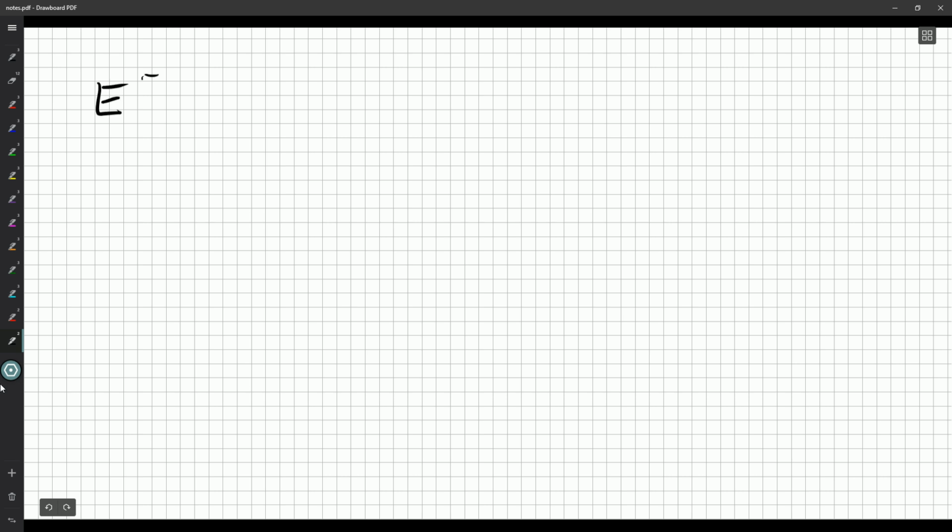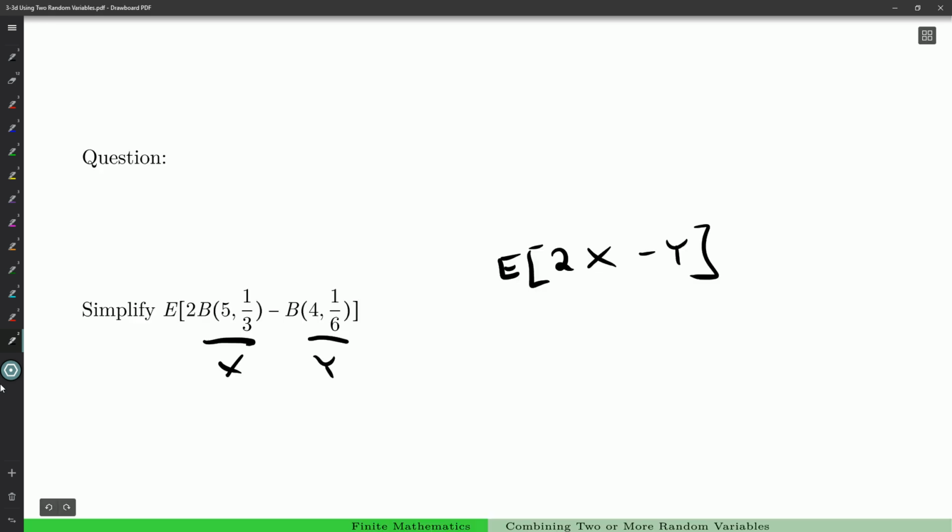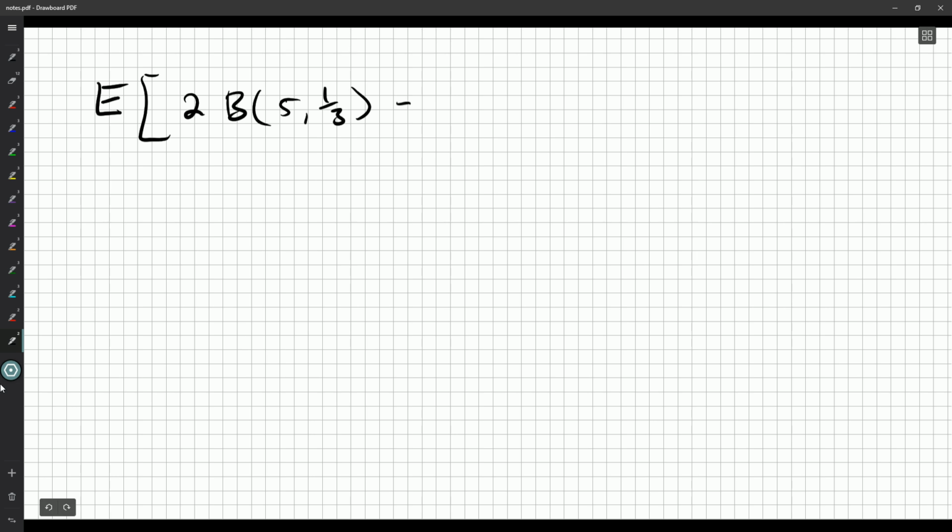So we want the expected value of 2 times a binomial random variable, I believe it was 5 and 1/3, and then minus a binomial random variable doing something 4 times and counting up the number of times that something that happens 1/6 of the time occurs. Right?